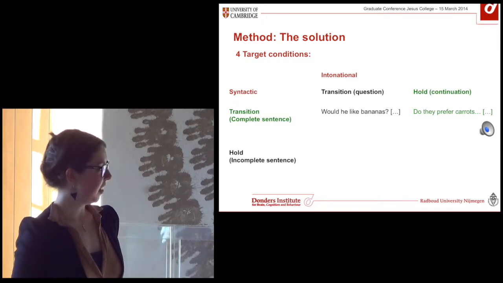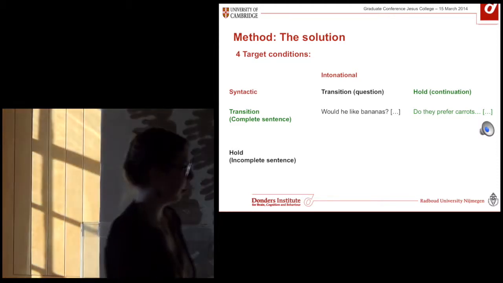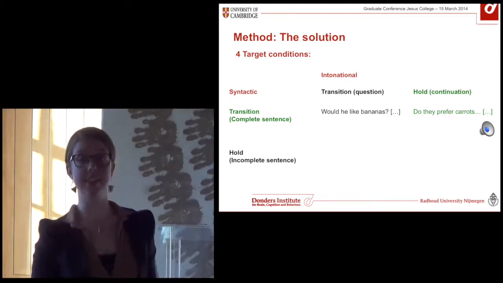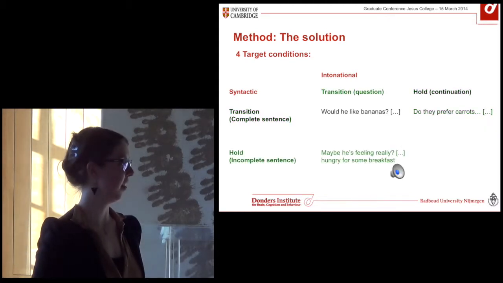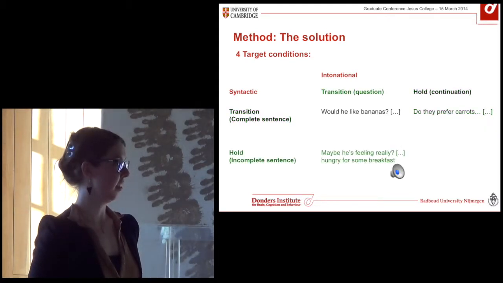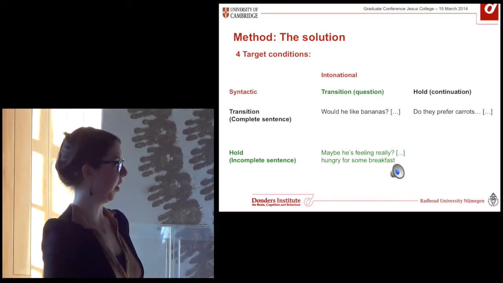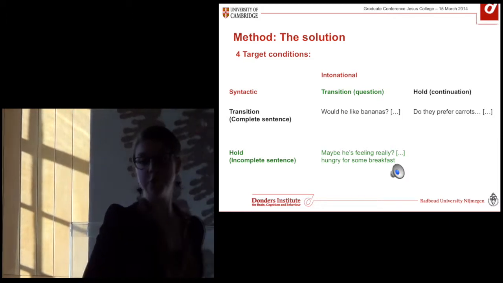Then we have the third condition. There the syntax is incomplete at the measure point, but the intonation is already complete, so that's a question. Maybe he's feeling really hungry for some breakfast. And here at the measure point, I do expect them to anticipate a speaker change.